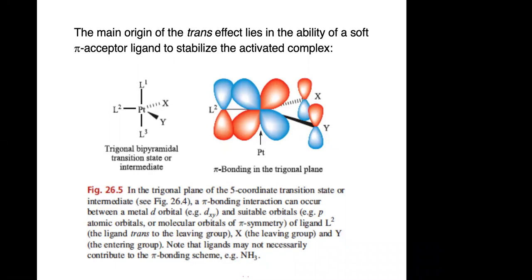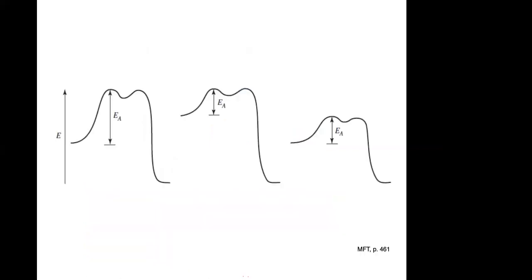And so that necessarily is associated with the activation energy and this trans labilizing ability. And so the idea there, of course, is if we have this lower energy to the activated complex, then through that pi bonding interaction being strengthened, we should be lowering the activation energy.